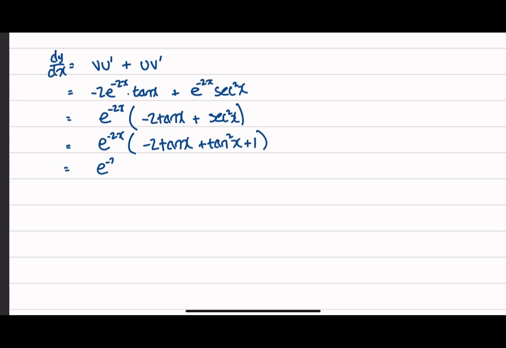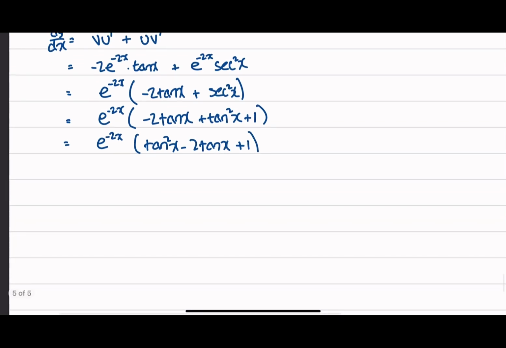So e to the power minus 2x bracket tan square x minus 2 tan x plus 1. And this we can complete the square for, or actually just factorize it. It's already a completed square.